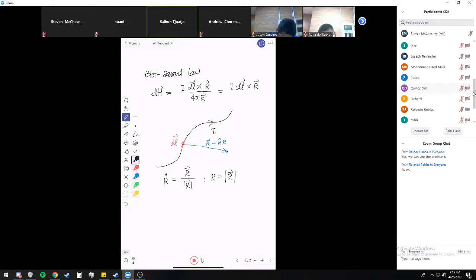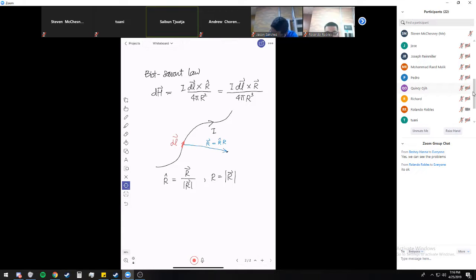Now, this is a full vector, but I have to be very careful. Then it is divided by 4 pi R cubed. Any questions? Okay, so that's what we got. These differential elements give me this differential amount of field. So now what is the total contribution?